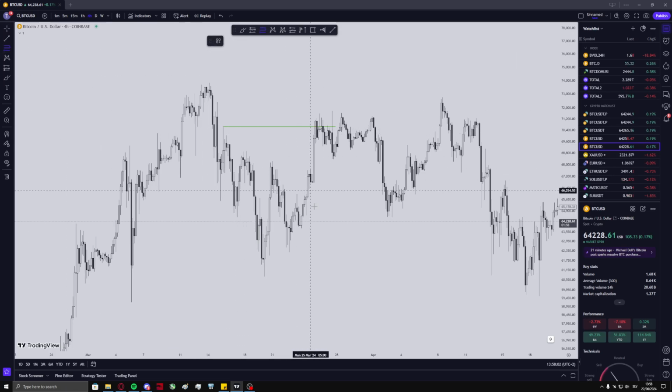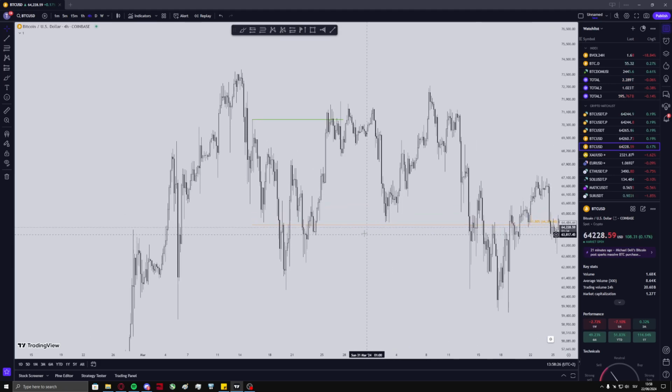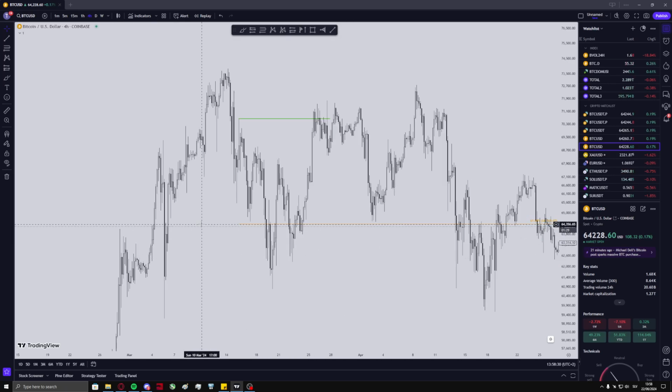Now you have this break of structure and you have this low, and you take your fib from the low up to the highest high that was broken, and you get a 618, which, I'm very positive, this Coinbase chart is scuffed.